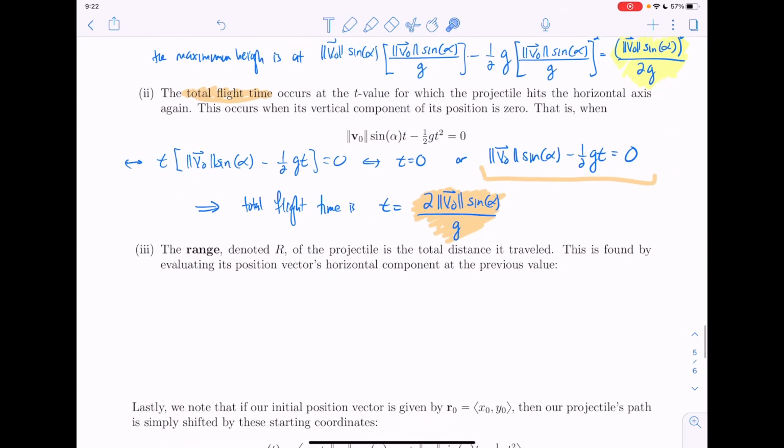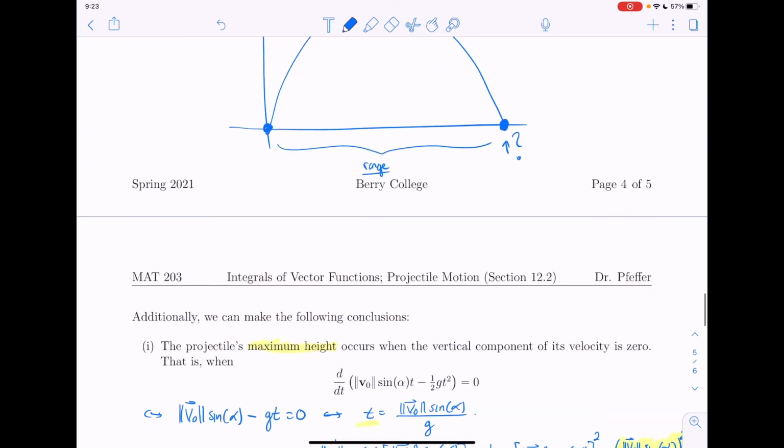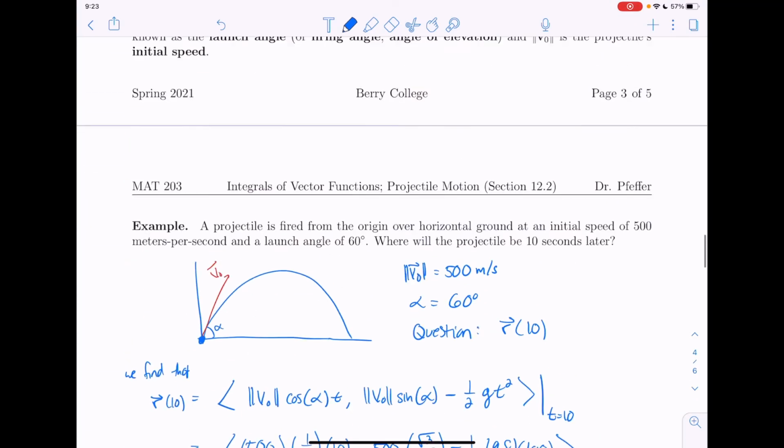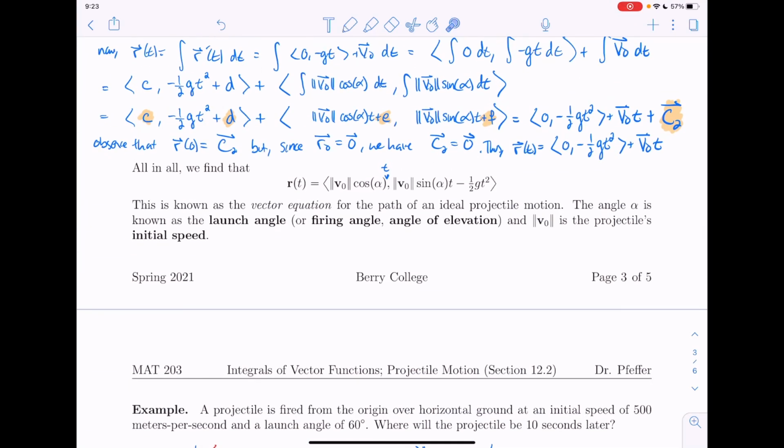And so the range, which we'll sometimes denote as capital R, is the total distance traveled, and we can find it by evaluating the position vector's horizontal component at this value. So the range is going to be equal to the horizontal component, which if we come up here, we'll remind ourselves that this was the horizontal component.